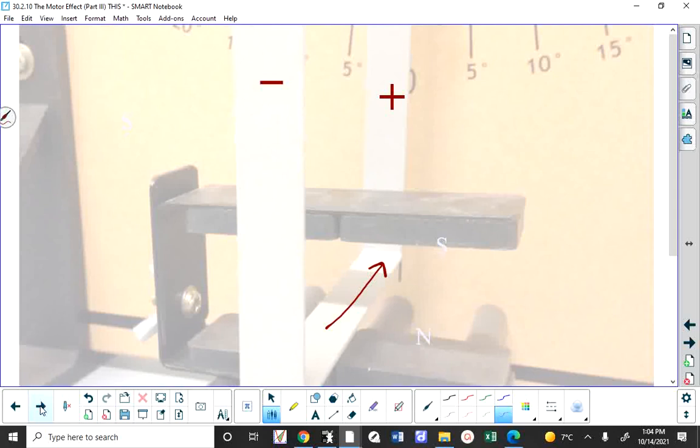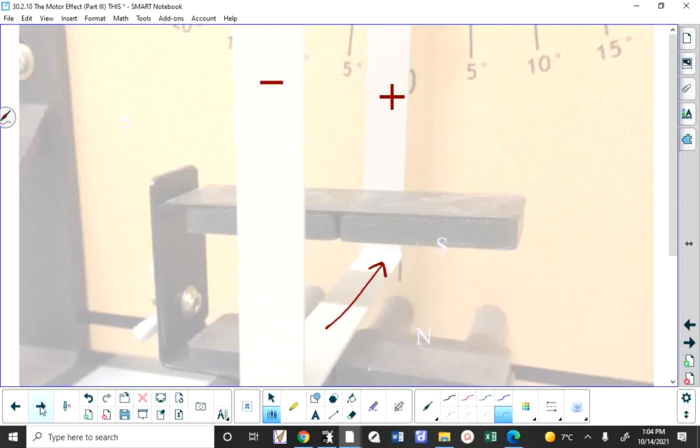Oh, no, we want the negative terminal connected to the front, don't we? According to this diagram, I've got a negative here. I think I might have switched from the previous picture, but let's do it this way. That will make more sense.